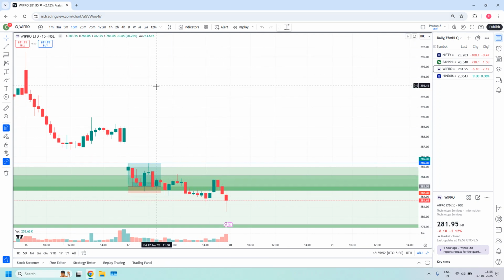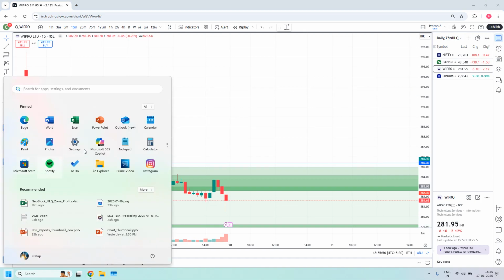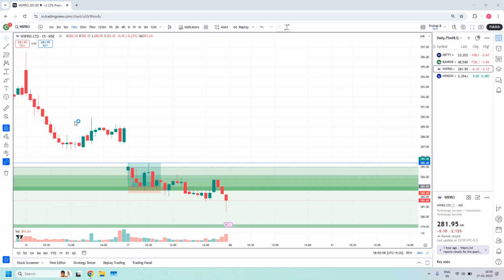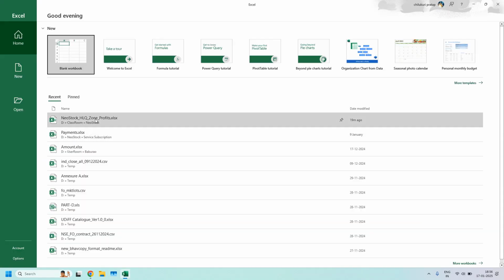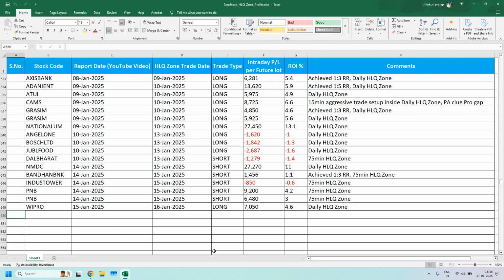So how much profit has it given? Wipro. So Wipro has given 7,050 rupees profit, which is 4.6% ROI as per one futures margin cost.